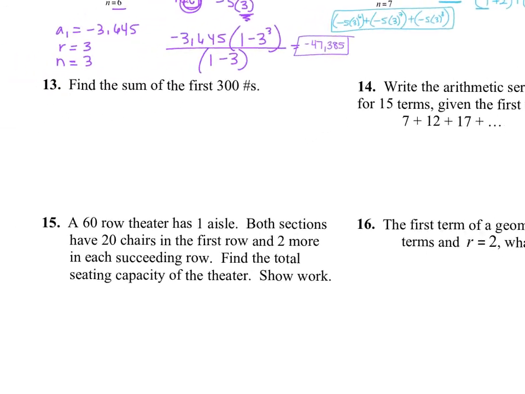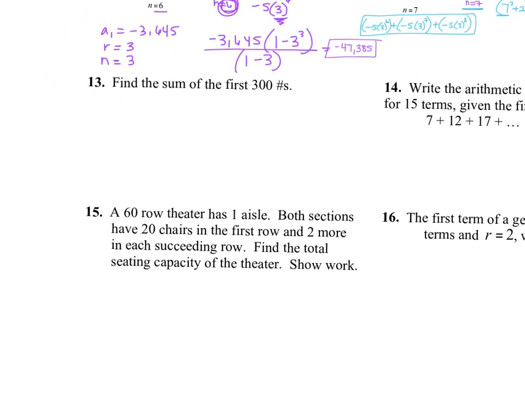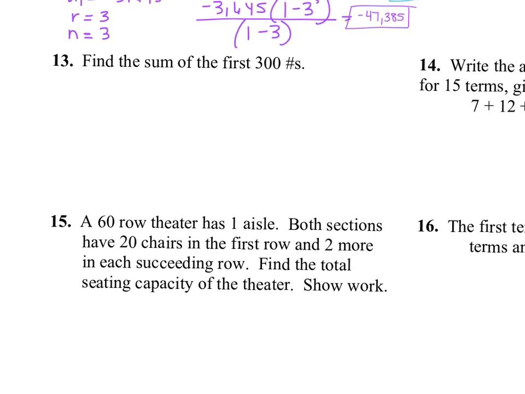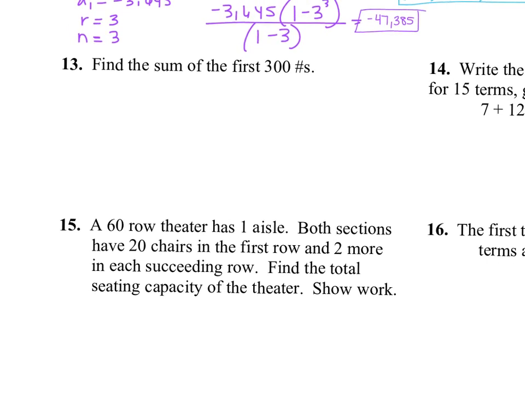Okay, number 13. Find the sum of the first 300 numbers. So if you think about this, you're doing a sum. This is arithmetic. We're adding each time. So n, your number of numbers, is 300. There are 300 numbers that we're adding.